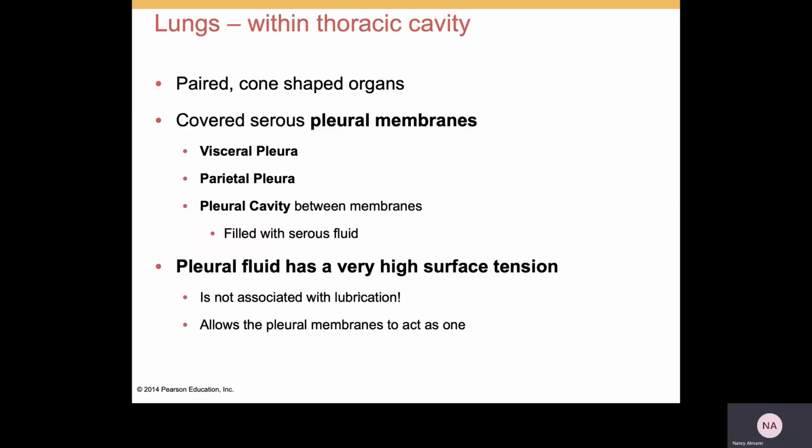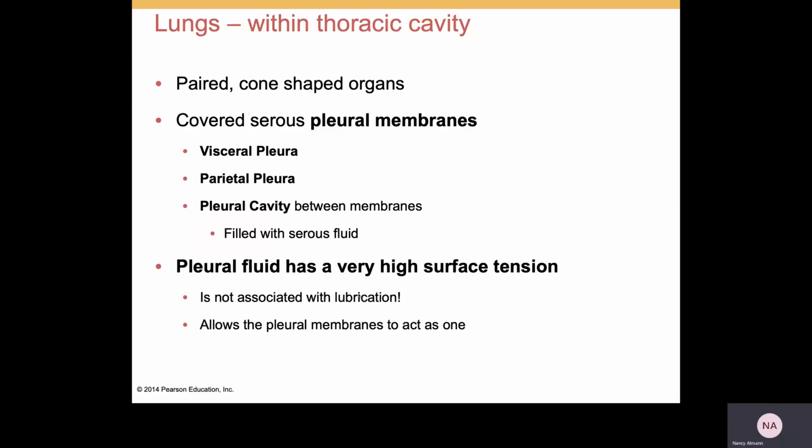In between those layers is the serous cavity, in this case the pleural cavity, which contains serous fluid. Pleural fluid has a very, very high surface tension. And these serous membranes are unlike the peritoneal serous membranes and the serous membranes that you find... where else do you find them?